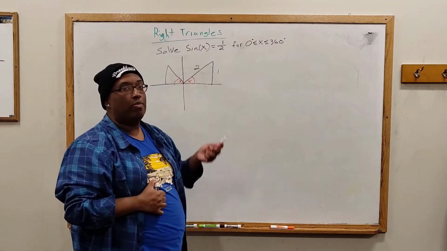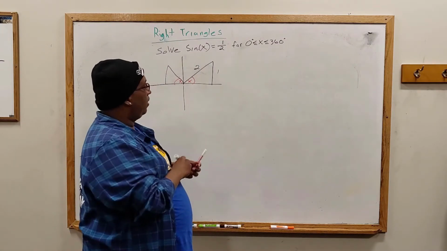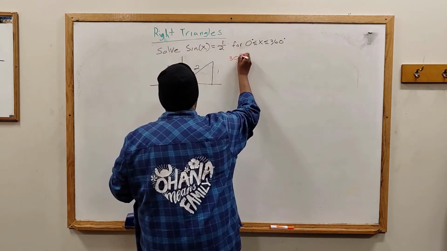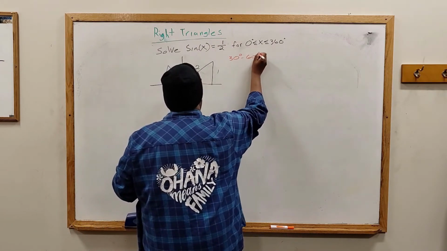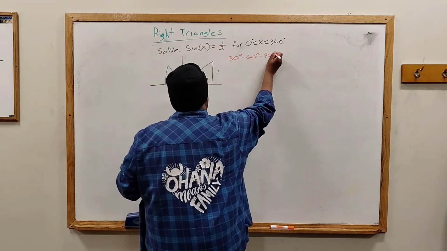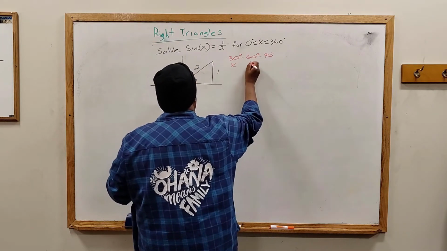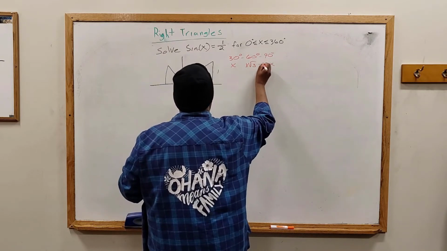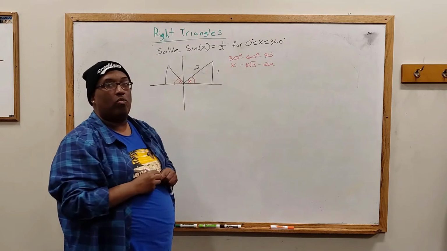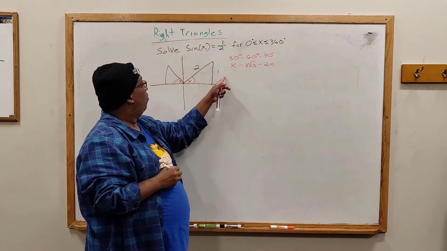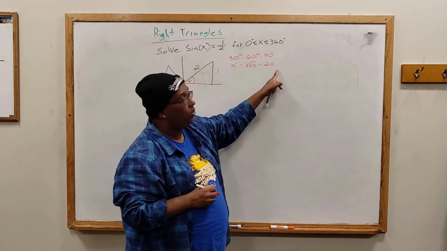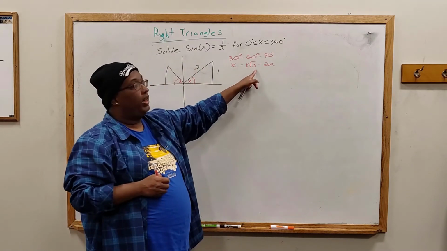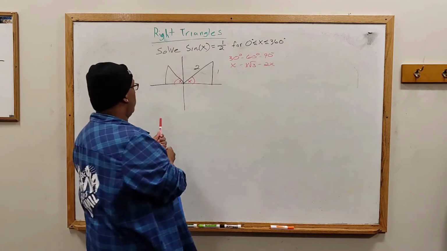That means from the previous example, we have that 30, 60, 90 degree triangle, where this is x, x square root 3, and 2x. So we have that ratio. We have 1 and 2, that means this side must be the same as root 3 times 1, or just root 3.